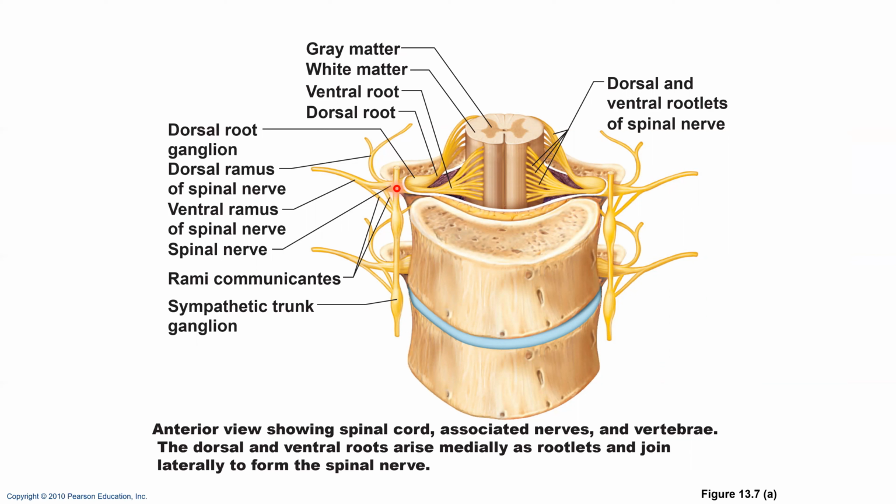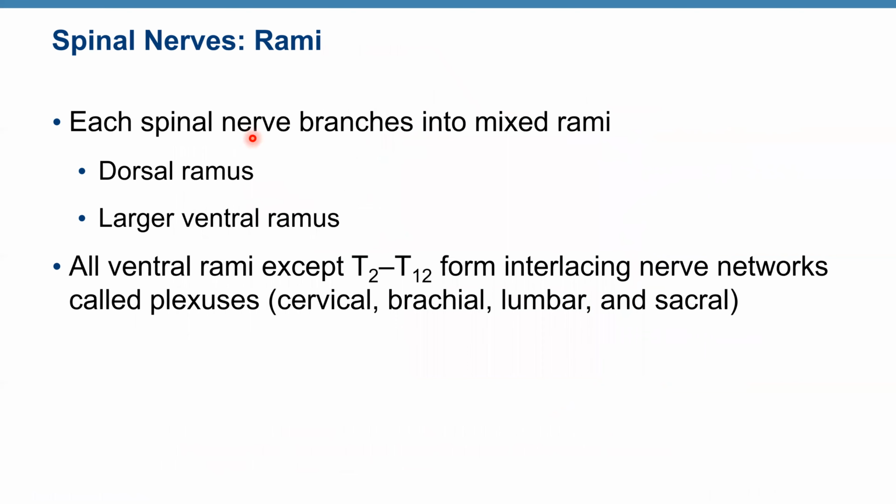Spinal nerve is actually very short, like this, because then it branches. It branches into ventral ramus and dorsal ramus. Ramus means branch. So it has an anterior or ventral branch and a posterior or dorsal branch. So each spinal nerve branches into mixed rami.